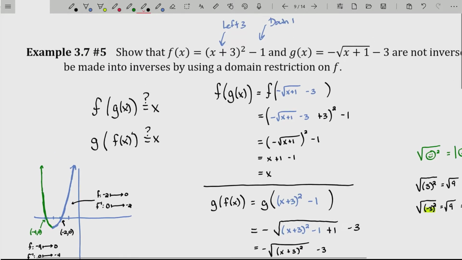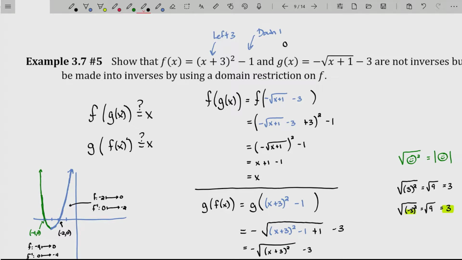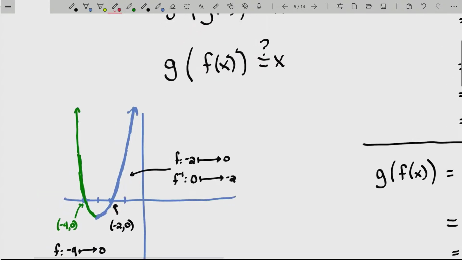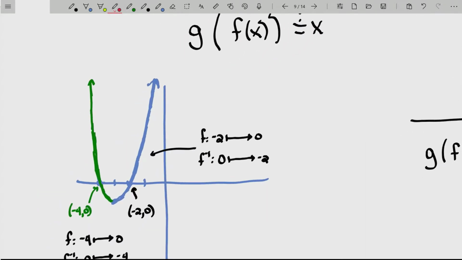We're going to see if when we plug 0 into g, does that turn into a -2? Well, let's find out. It's the negative square root of 0 plus 1, minus 3. Or in other words, -1 minus 3, which is -4. So 0 does not map to negative 2. That's a problem. That means that this blue curve is not the curve we want.